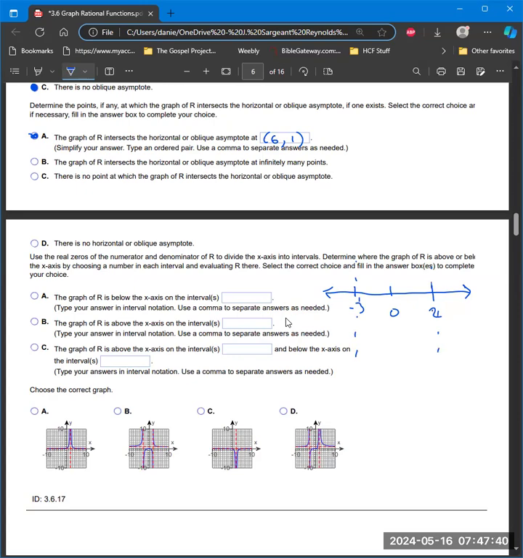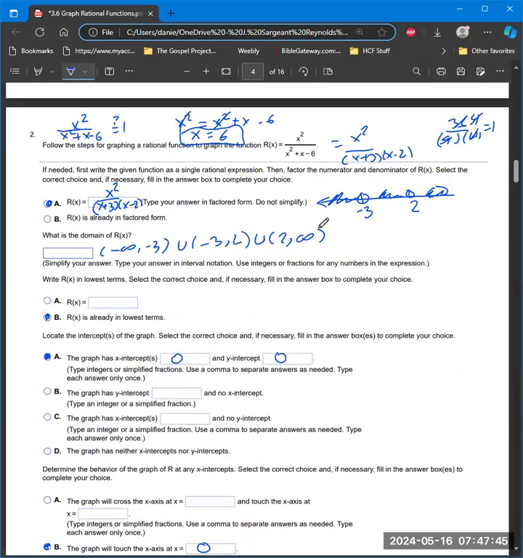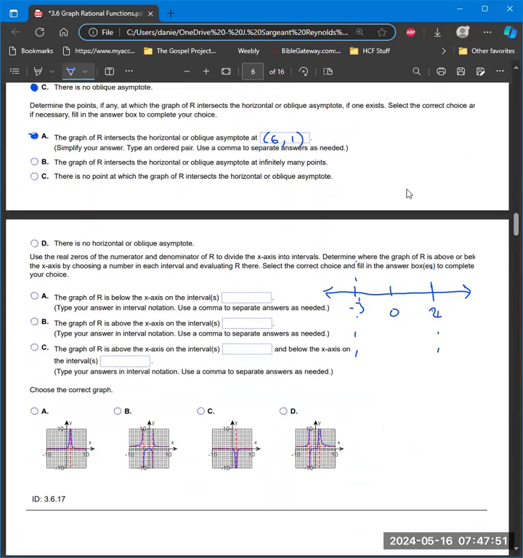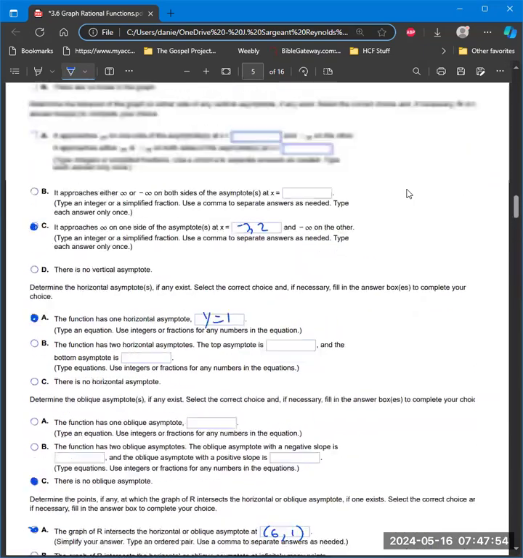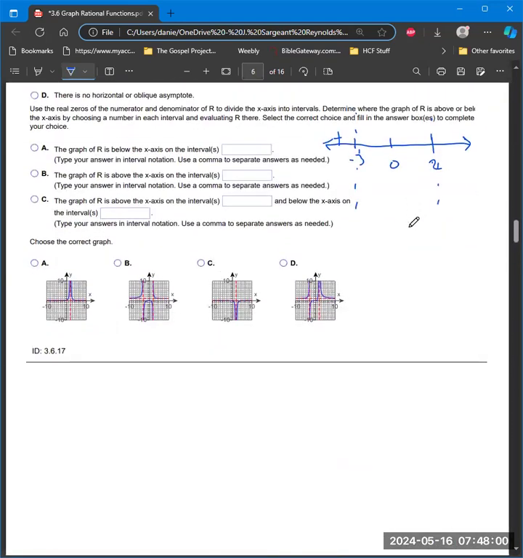And I stick in a number like -4. That's going to give me positive, negative, negative. That's going to be a positive. When I stick in a number like -1, that's going to be positive, positive, negative. It's going to be a negative.